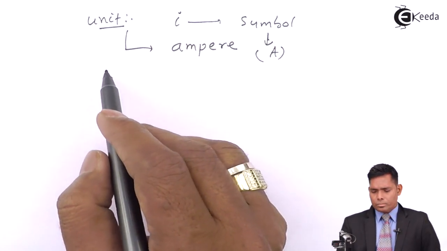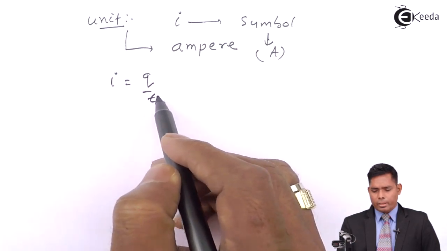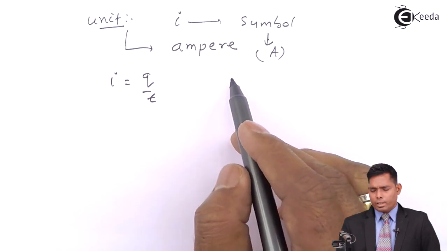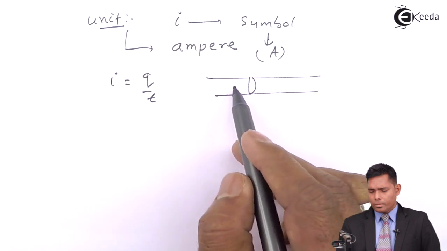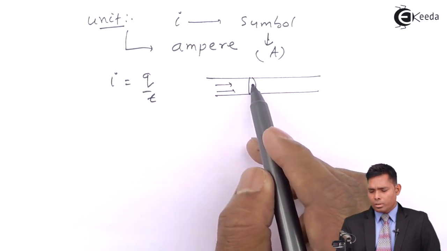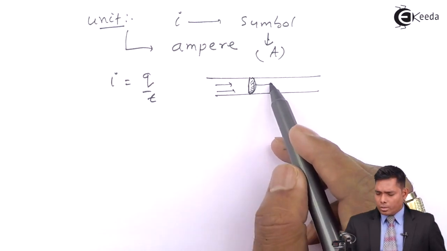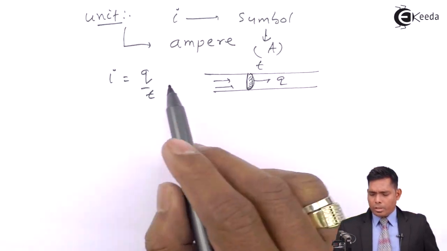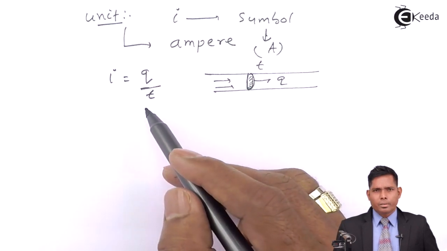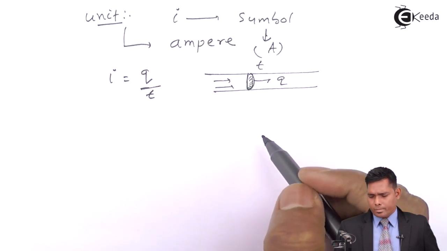Now I will write the formula as q by t. If q amount of charge flows through a given area of the conductor in time t, then current is q divided by t, the charge flowing per second.